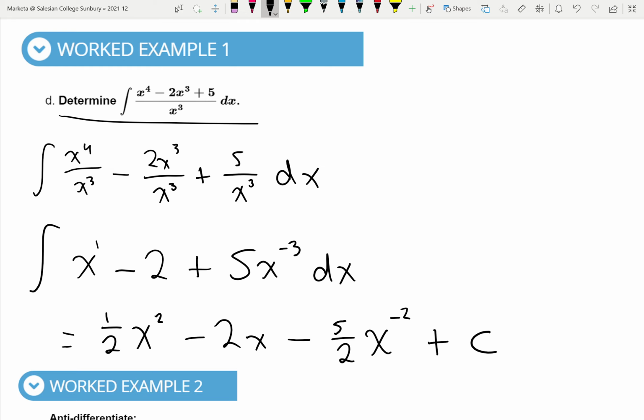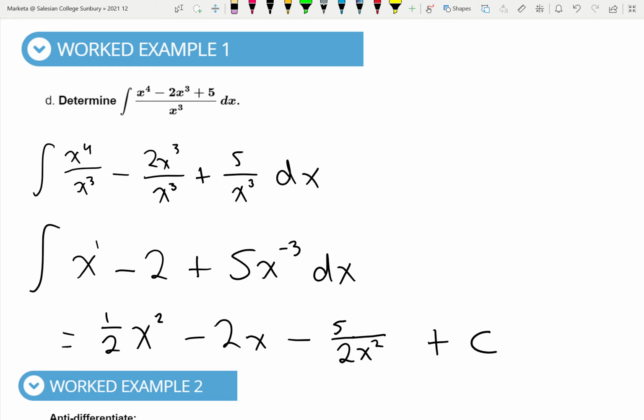I will now neaten that up simply by putting this into the denominator, and I'm just going to rub it out and put it there because I'm running out of room. So there would be my antiderivative, taking into account that we started with something that had a fraction and I made it into one line before I antiderived it.